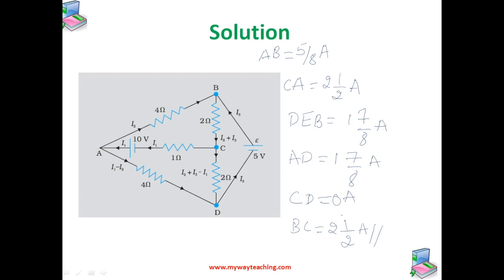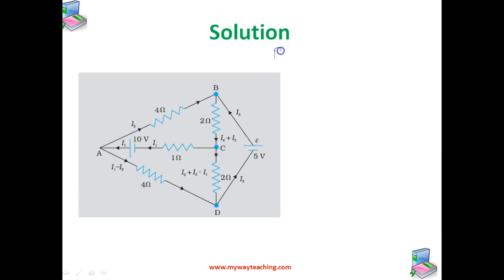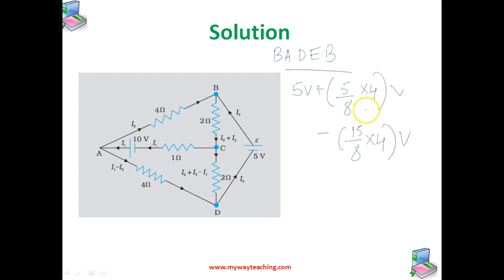So if you consider the total voltage drop over the closed loop BADEB, in this case the total voltage drop will be 5 volt minus 5 volt, which will be equal to 0.